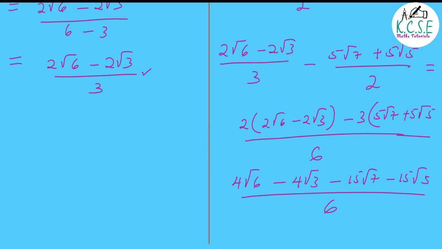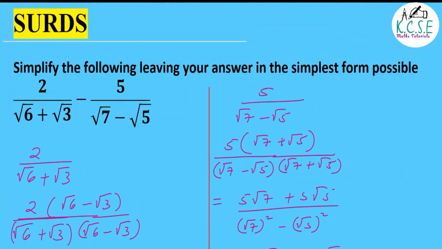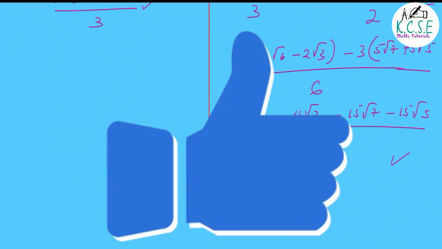I can't see the like terms. This is root 6, root 3, root 7, root 5. So we can't simplify this one. This is the simplest form that you can give, and therefore that will be the solution. So that is how you're supposed to simplify that kind of a question in surds.